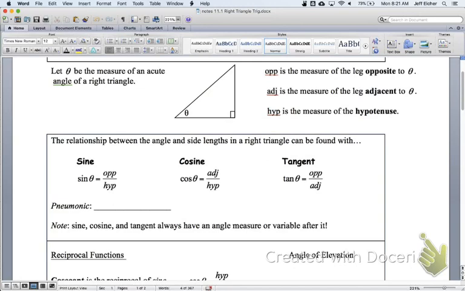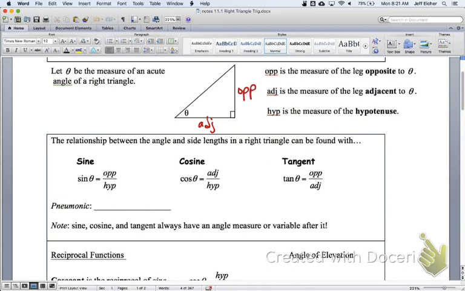Sine of theta is opposite, which is over here, divided by hypotenuse. Cosine is defined as the adjacent side divided by the hypotenuse. And the tangent ratio is defined as the opposite side divided by the adjacent side.